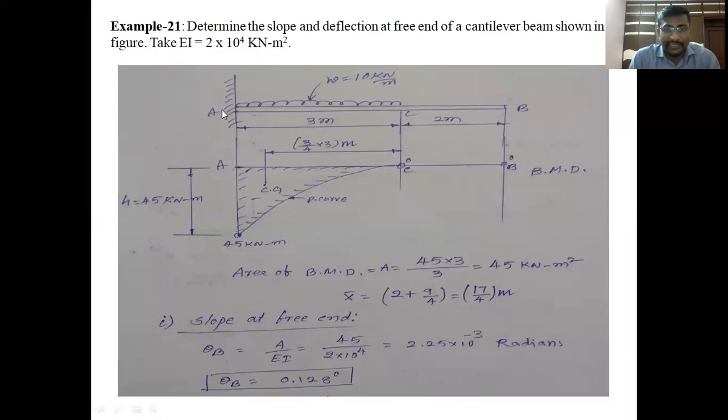By using that knowledge, you have to draw the bending moment diagram for this beam. So what is the bending moment at point B? At point B, the bending moment is 0 because there is no load acting on the right side of point B. There is no beam at all on the right side of point B. Therefore, the bending moment at point B is 0.